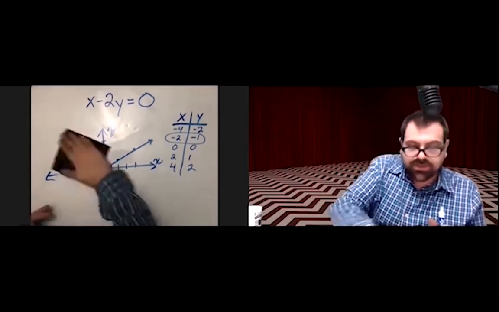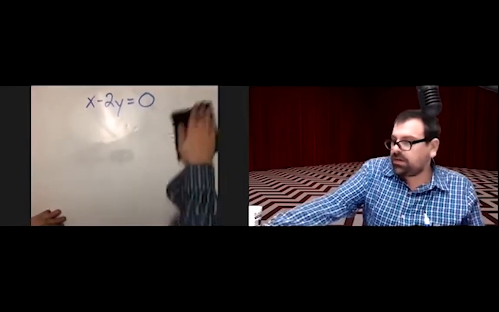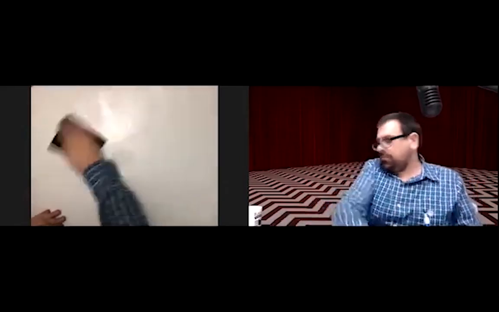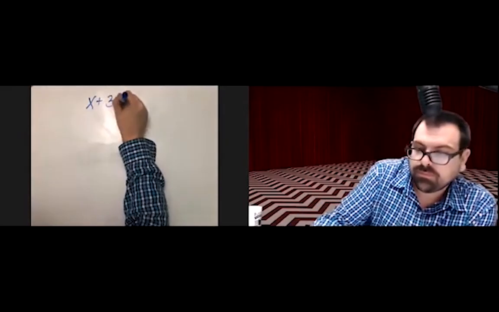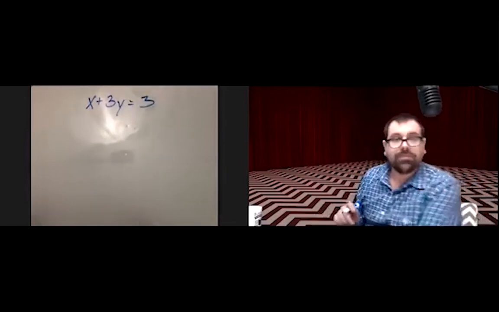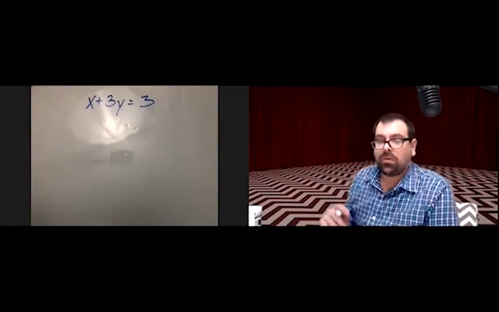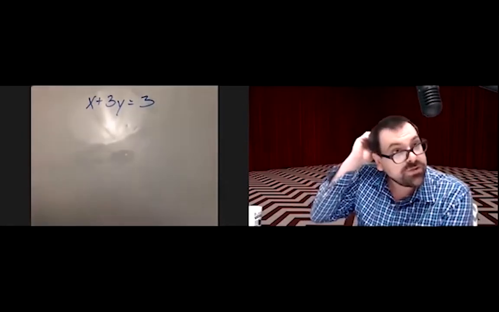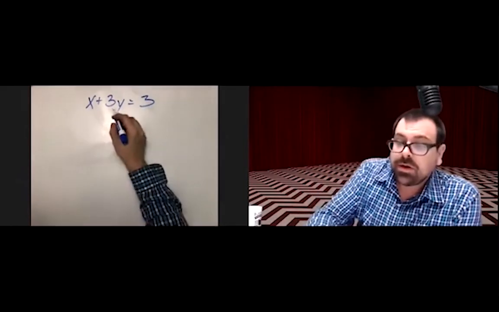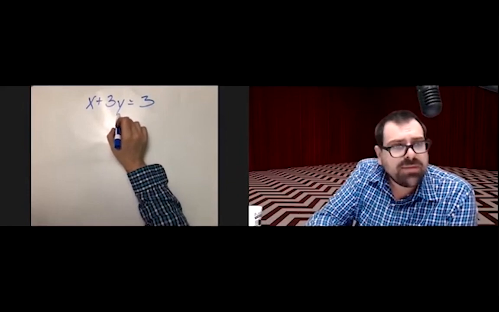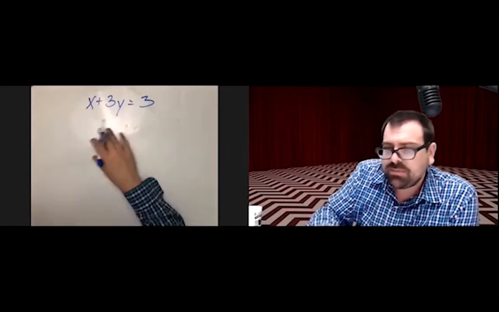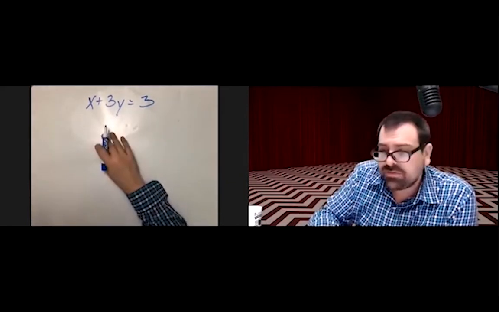Let's do x plus 3y equals 3. Well, I could just start picking a bunch of x's, but seeing that y is multiplied by 3 here, that tells me that there's going to be some weird dividing by 3 stuff going on.